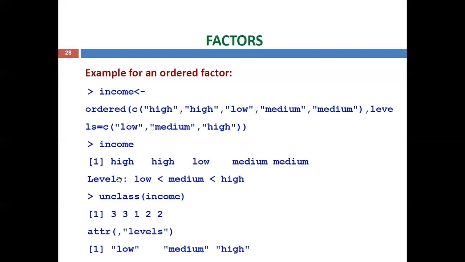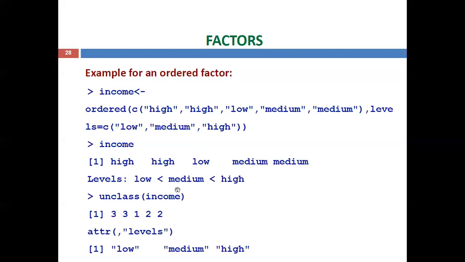Whenever you use the ordered command, here you can observe the output. Then you can see the difference between factor output and ordered output. Then you can call income, the values display as usual, whatever the values you have taken. Then coming to levels, you can see the levels are displayed by providing the order. Here you can see low having the least order, then medium is having intermediate level, then high is having highest level.